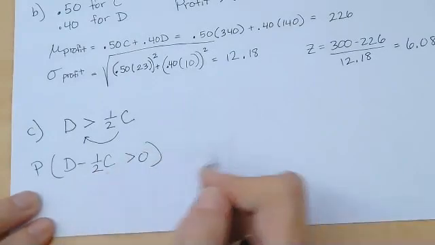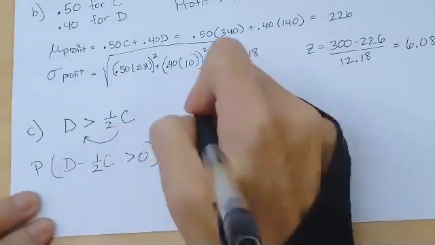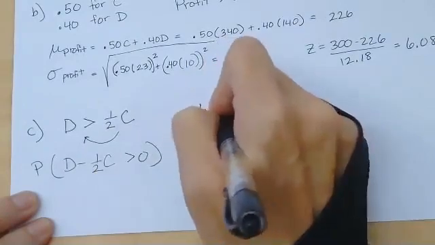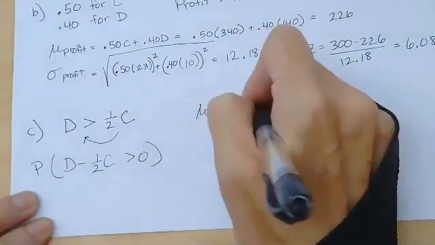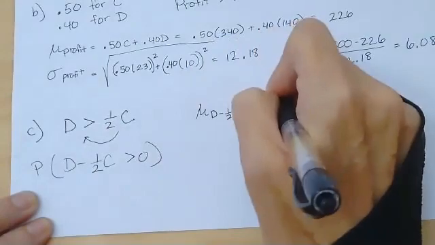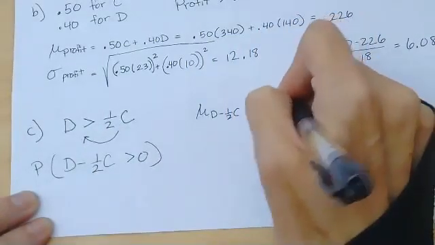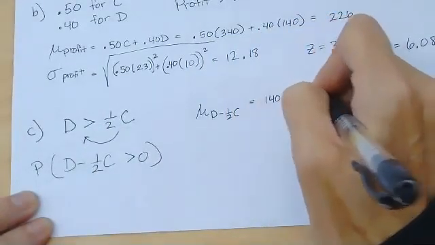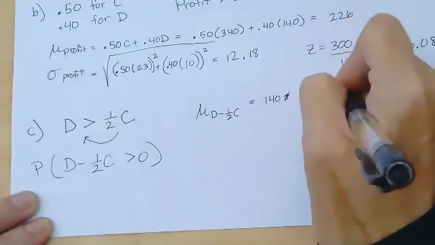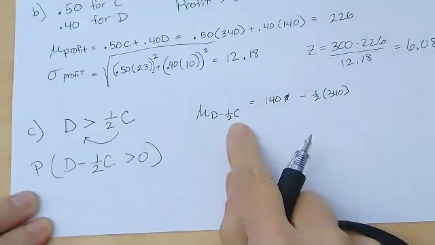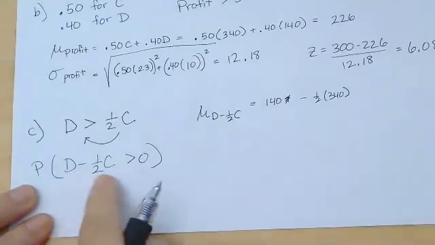So on a normal model, I can calculate the mean of this. The mean of a donut minus half of a coffee is 140 for the donut minus 1/2 times 340. That'll give me the mean for the normal distribution. So I'm just doing donut minus half of the coffee.